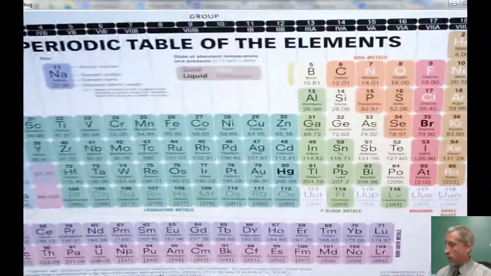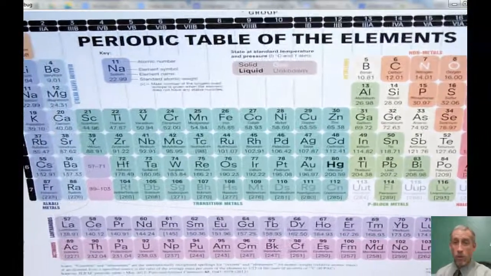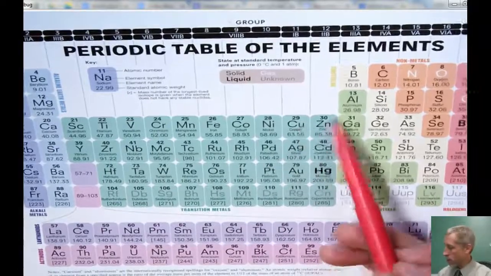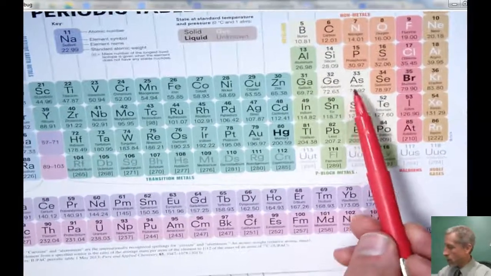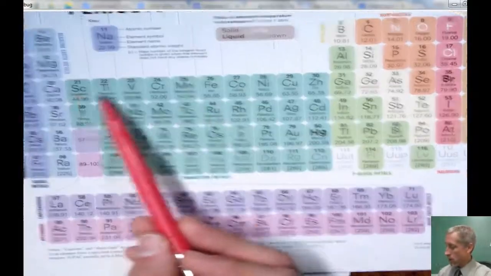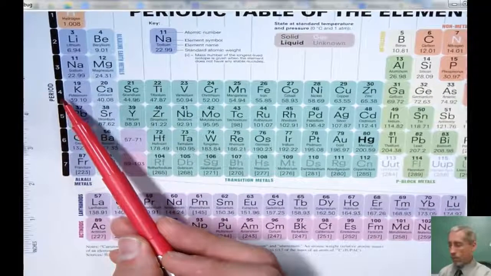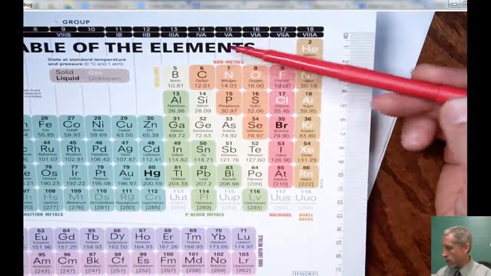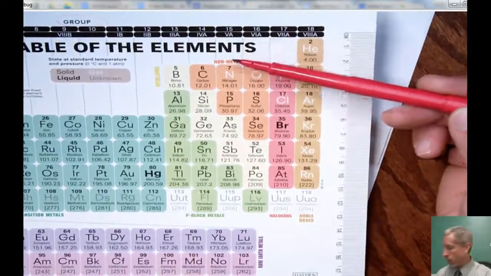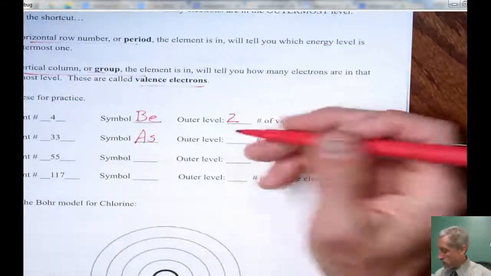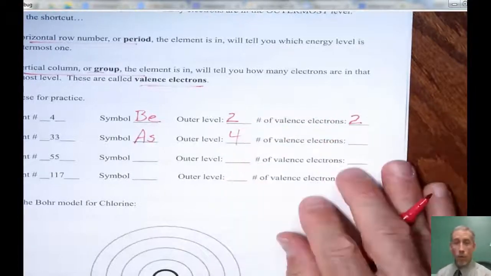To find out which is the outer energy level, you go straight across. You don't really need to go straight across, but if you just find out what horizontal row it's in, we're in row 4. You can also just count down. Now be careful when you're counting down to arsenic, because row 1 doesn't have anything right above it. So outer energy level 4. And how many valence electrons are in arsenic?